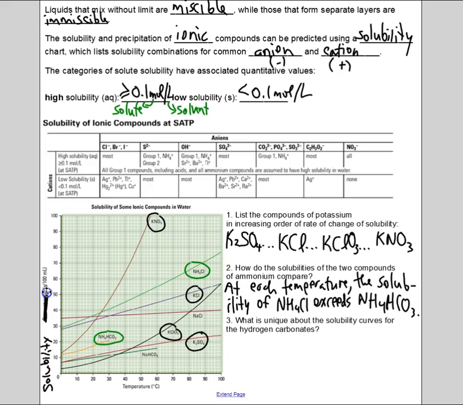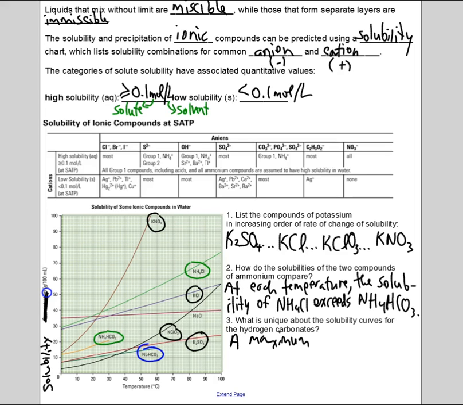Okay, you notice we also see in the chart that the hydrogen carbonates, the ammonium hydrogen carbonate and the sodium hydrogen carbonate, seem to have a bit of an end to their curve. So what's unique about that is that the curve stops, which we can assume indicates that it reaches a maximum solubility at a fairly low temperature. So whereas the other ones, potassium nitrate, very soluble compound.